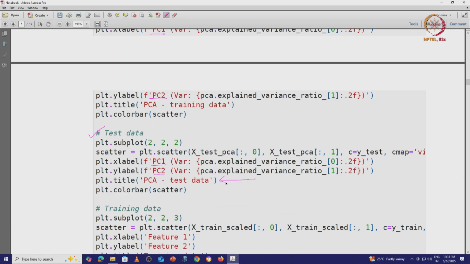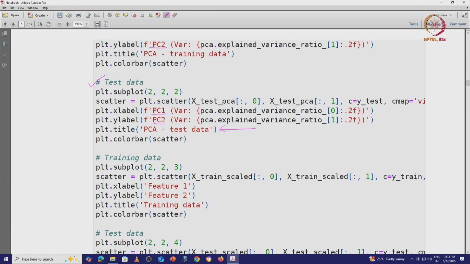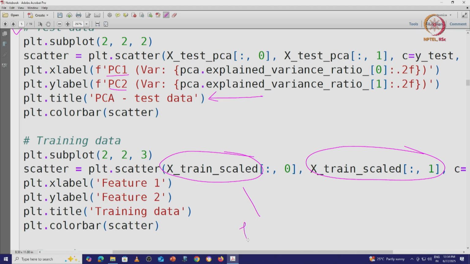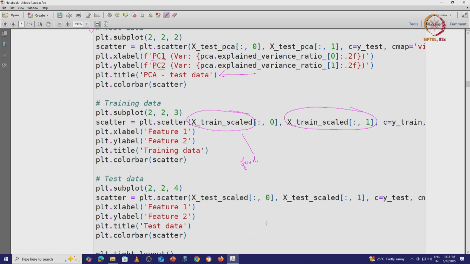Now what I have also done here is, instead of plotting PC1 versus PC2, I directly plot the first feature and the second feature. So this is the first feature, and this here is the second feature.